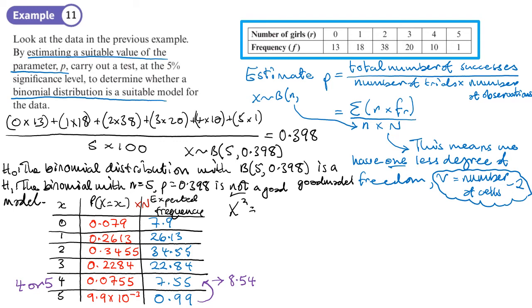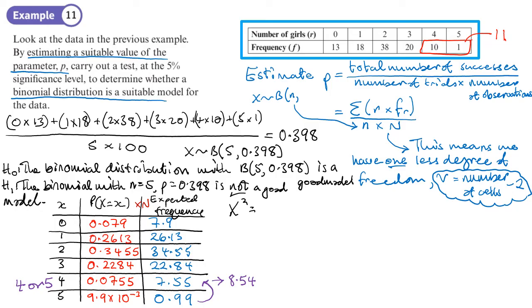So that's going to be all of my observed squared over my expected. I need to remember that I have combined these two, so that will give me an observed of 11 because I've combined it from my expected frequency table.